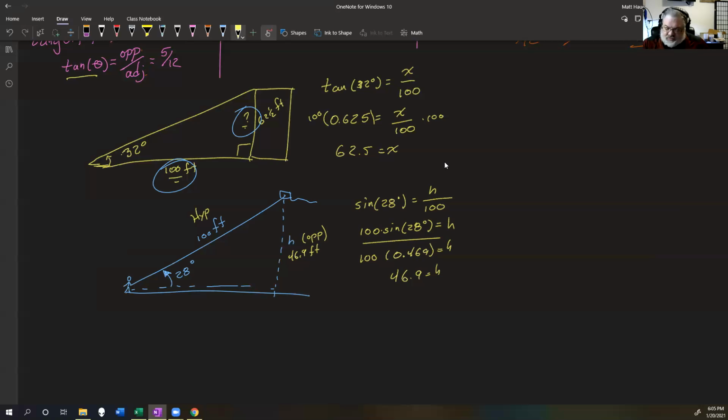And I guess for completeness, it might be nice to do a cosine example. Let's say we know this angle is, how about 1.1 radians?